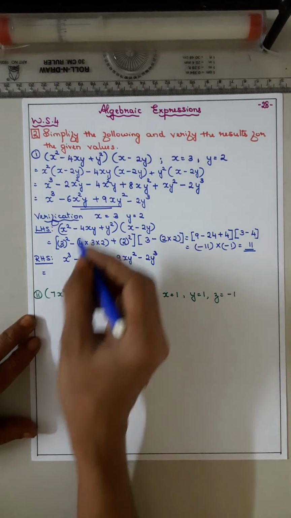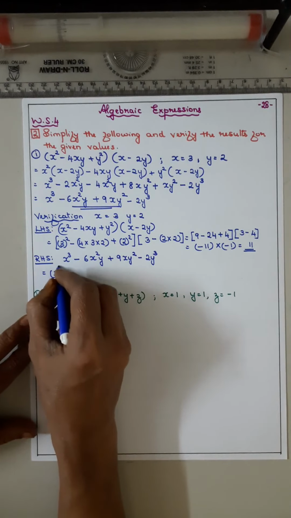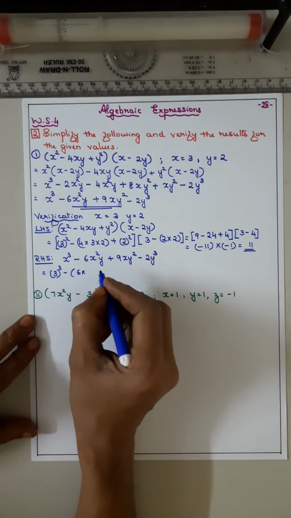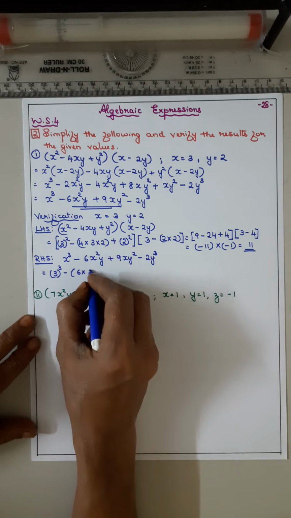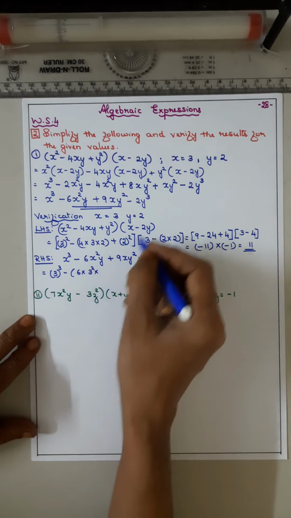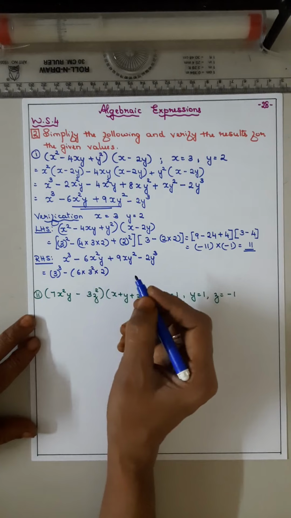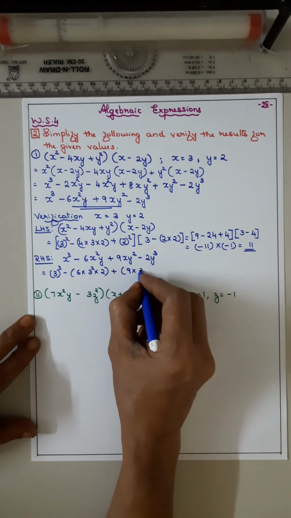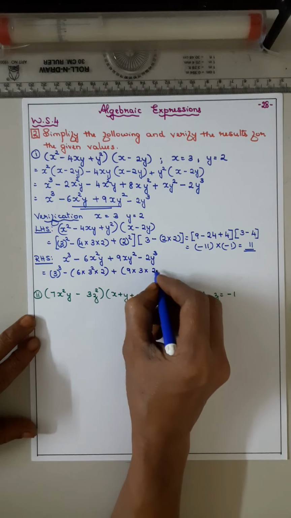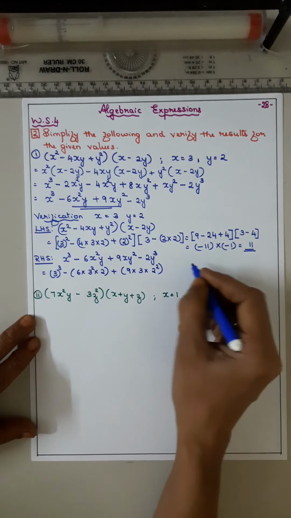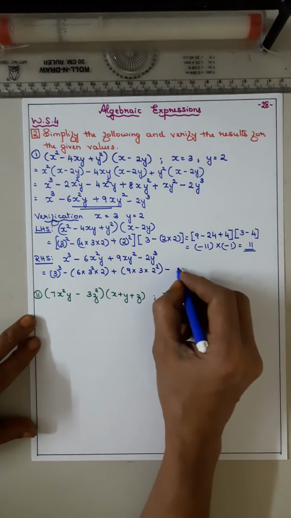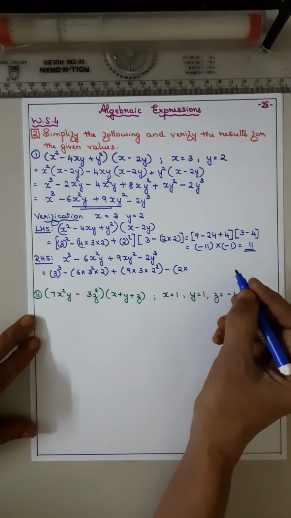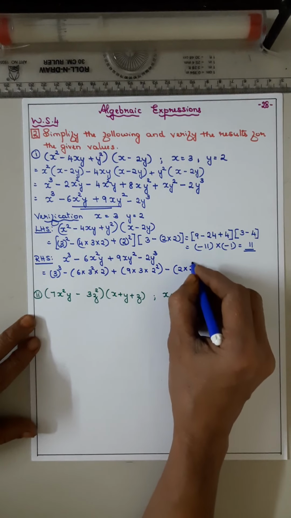X cube means 3 cube minus, it is 6 into x squared, that is 3 squared, into y is 2, plus 9 into x is 3, y is 2 square. Now minus, again bracket open, 2 into y is 2 cube.